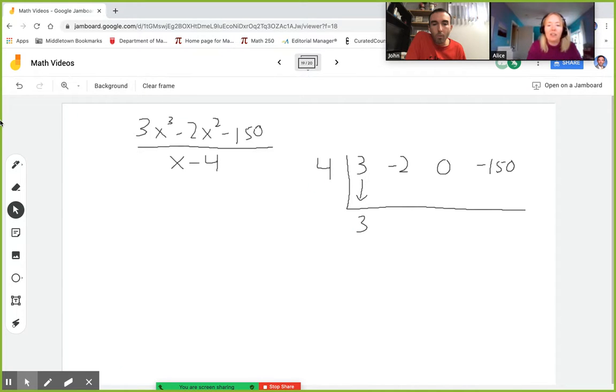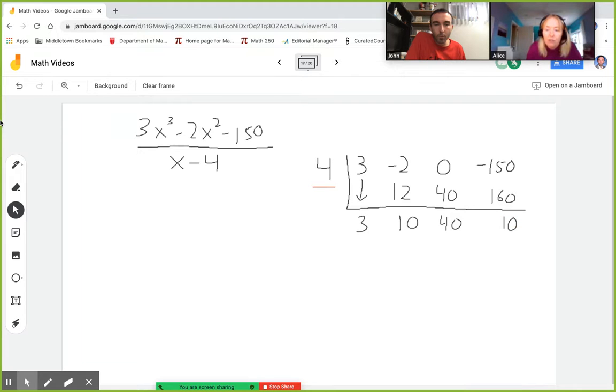So I'm just going to underline that with red to keep it easy to spot. 4 times 3 is 12. -2 plus 12 is 10. 4 times 10 is 40. 0 plus 40 is 40. 4 times 40 is 160. -150 plus 160 gives me 10.